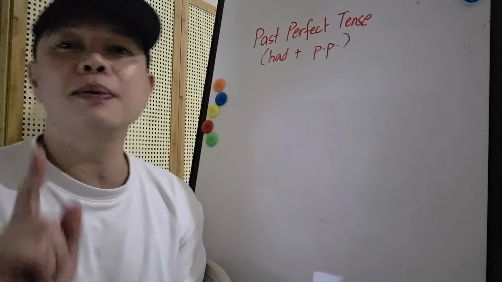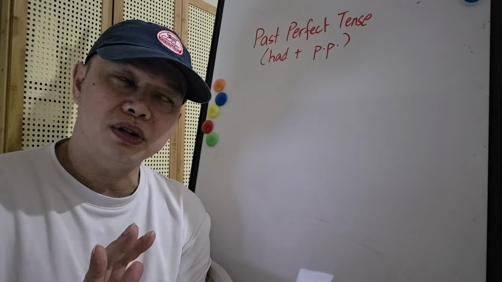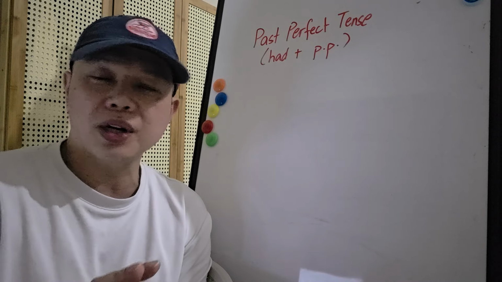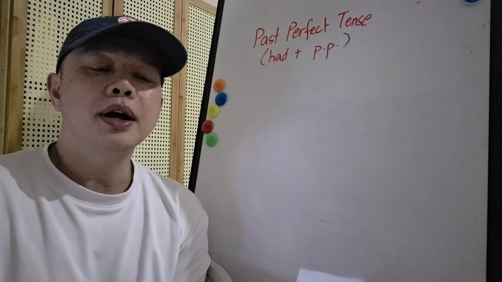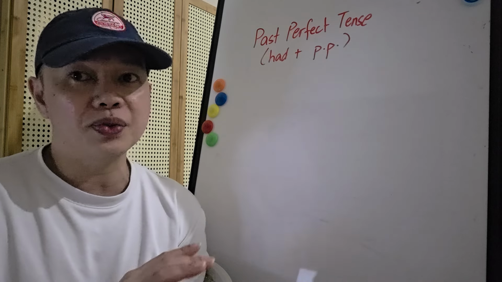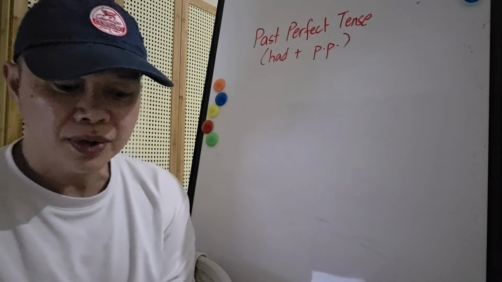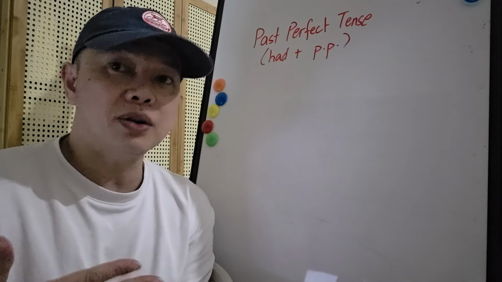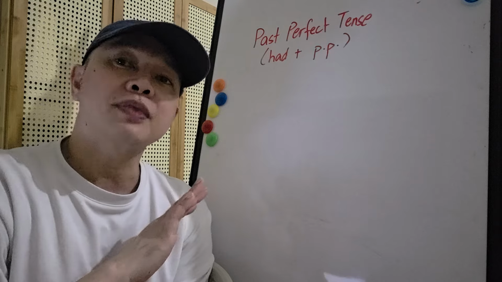Just like the past continuous tense, sentences with past perfect require temporal conjunctions. Although you can construct a sentence without these temporal conjunctions, it's best to use them, and sentences with past perfect are usually made with temporal conjunctions.